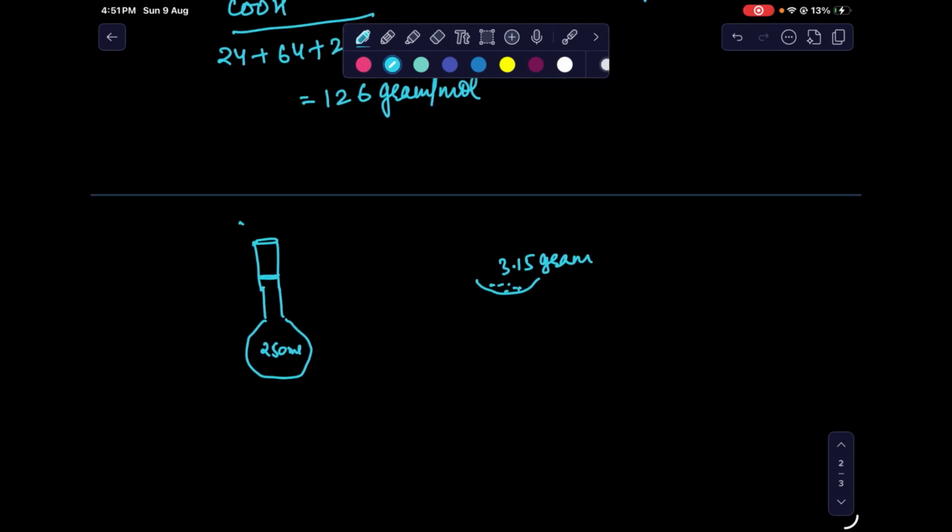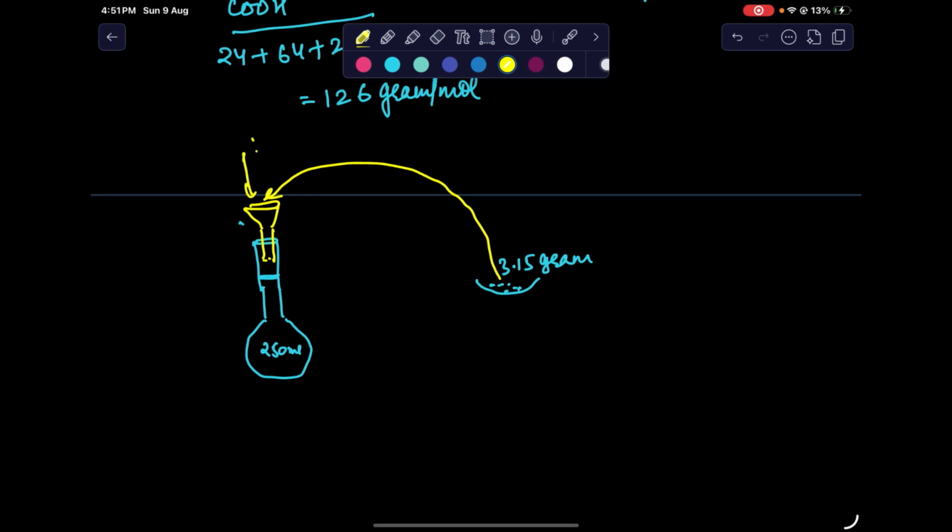Now you will put a funnel here. You will transfer all the salt into this measuring flask, and then you will add water till the volume of the solution reaches till here. So this is how we have prepared M/10 oxalic acid solution.